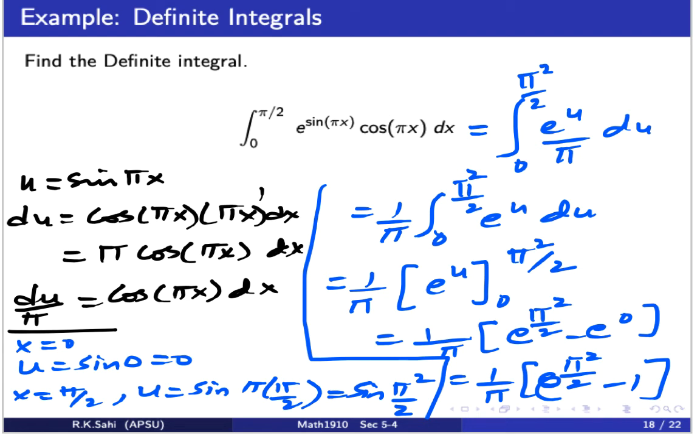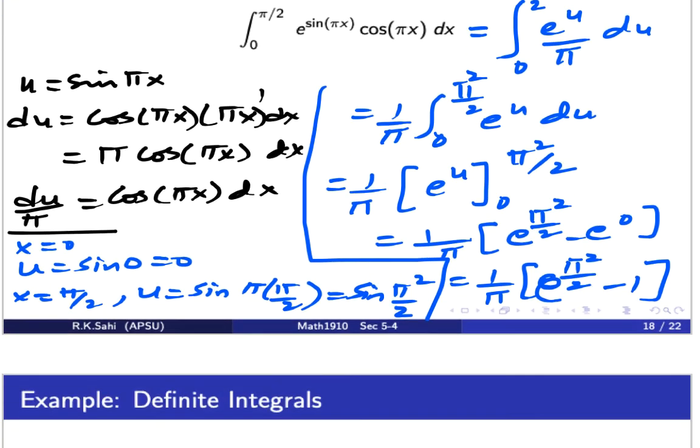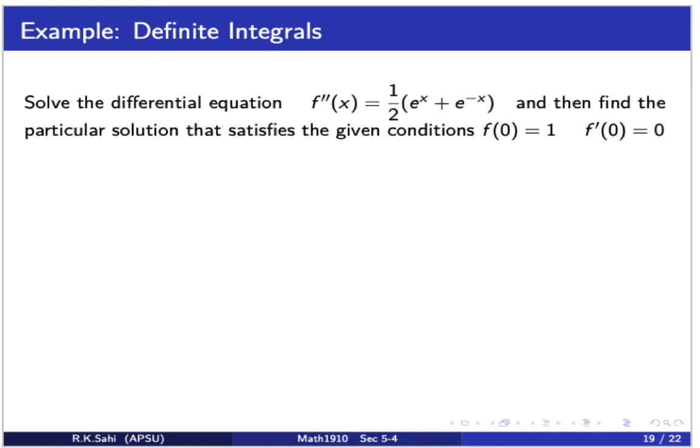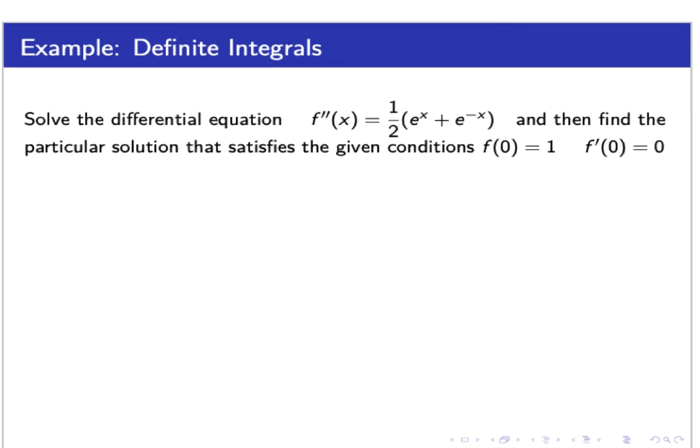Okay, now let's look at some differential equations. We would like to solve this differential equation, f double prime equals half of e to the x plus e to the power minus x, and then find a particular solution which will satisfy these given conditions.